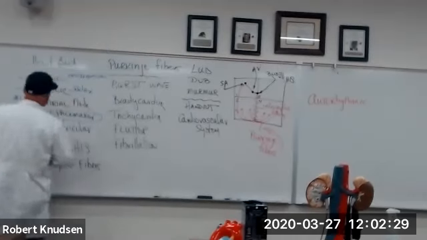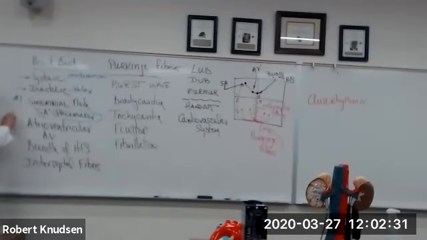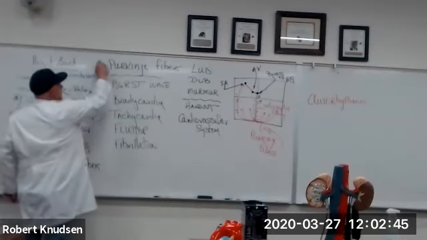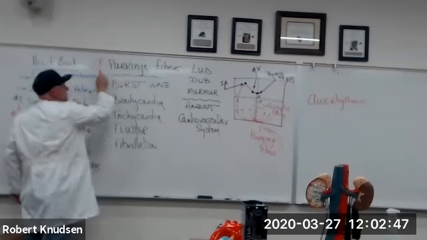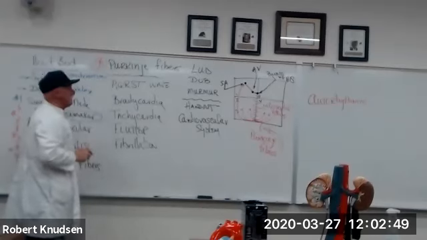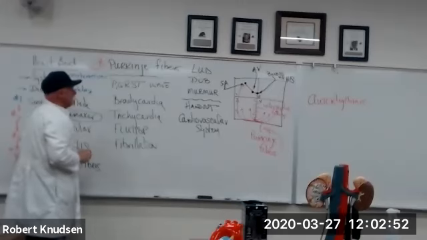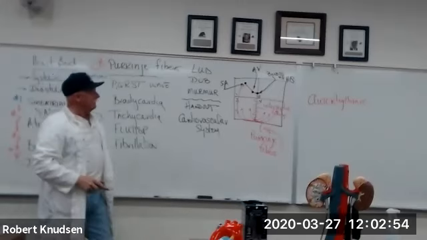Okay, so we go sinoatrial node, AV node, atrioventricular node, bundle of His, interseptal fibers, Purkinje fibers, and I'm going to put an asterisk because that's the ones that cause the depolarization around the ventricles. Now, can we measure that?